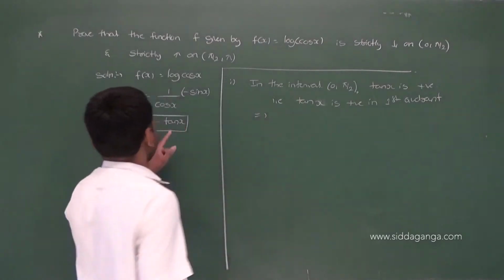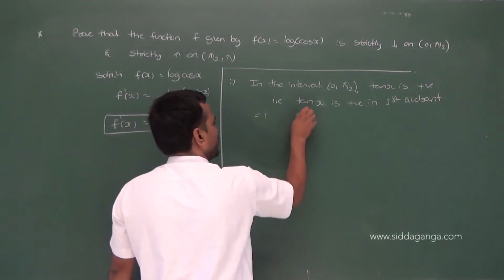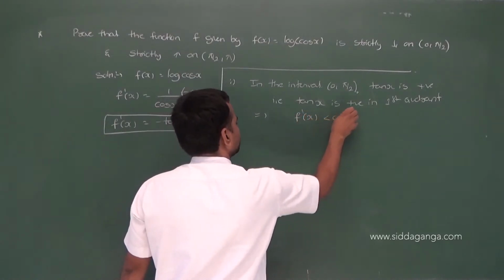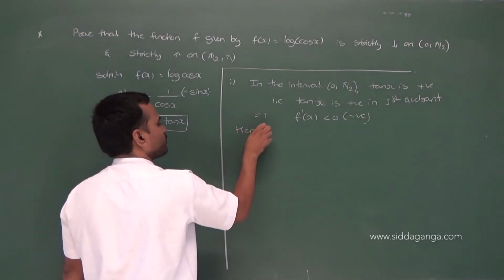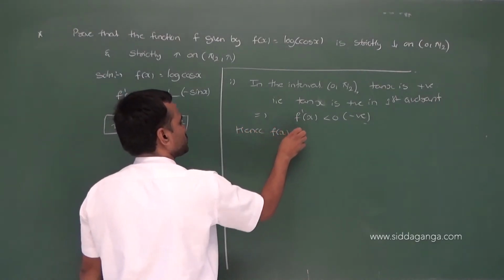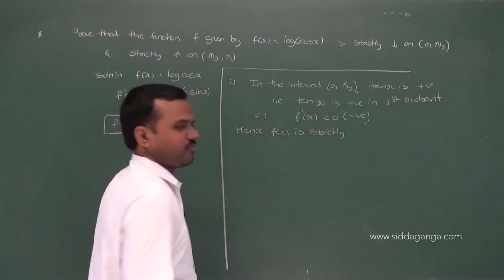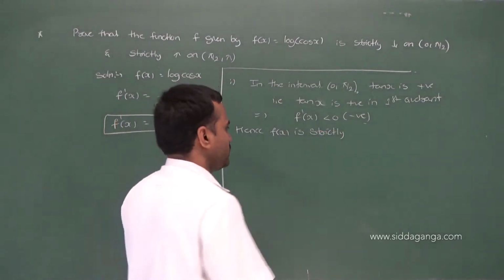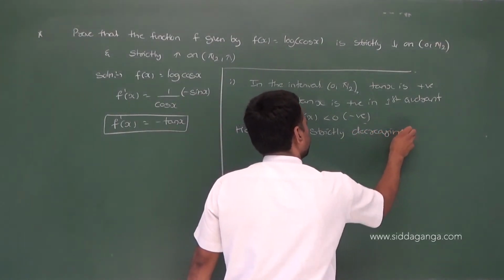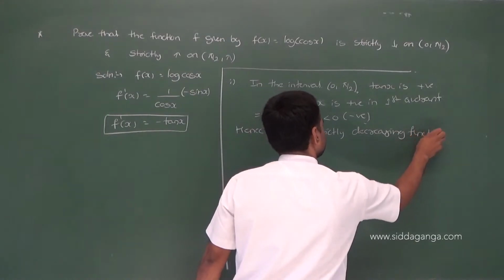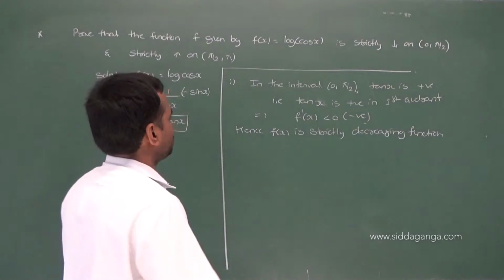That implies, see, observe here, this is positive. Positive into negative is negative. That implies f dash of x less than 0, negative. Hence, f of x is what? Strictly decreasing function.